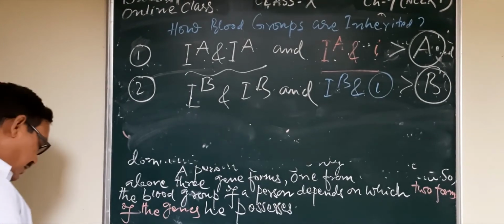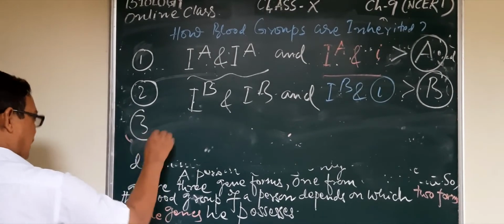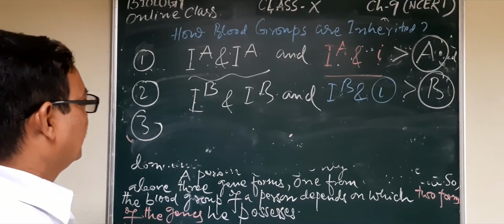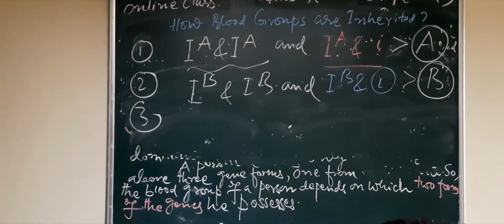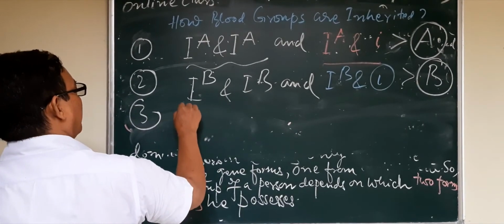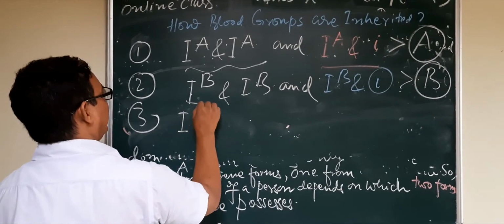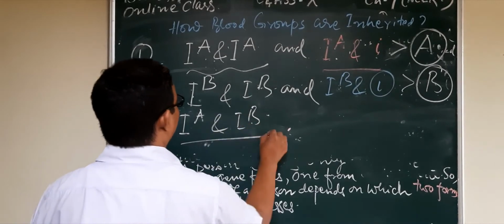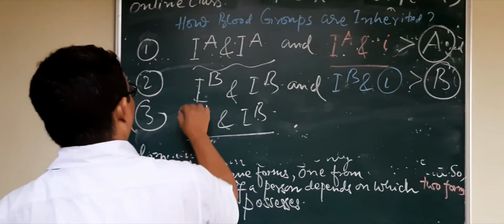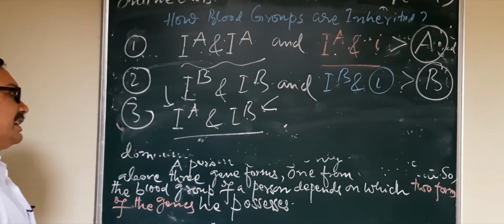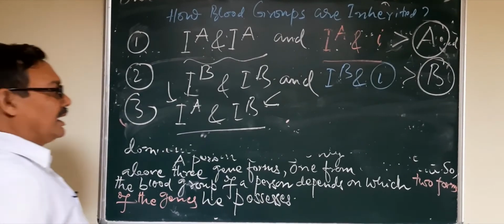In the 3rd situation, what will happen if IA and IB both are there? Suppose from one parent inherited IA, from the other parent inherited IB, then what will happen?